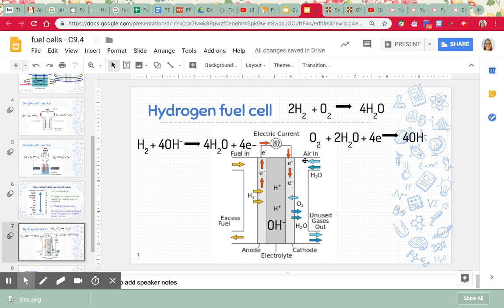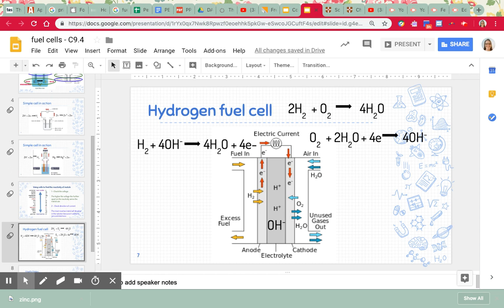The oxygen, which is the other reactant, comes in this side. That reacts with the electrons and the water, and that ends up coming out as just unused water here, which makes a hydrogen fuel cell very good, as there's no greenhouse gases or anything like that.